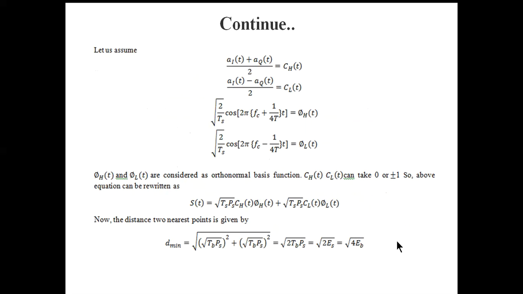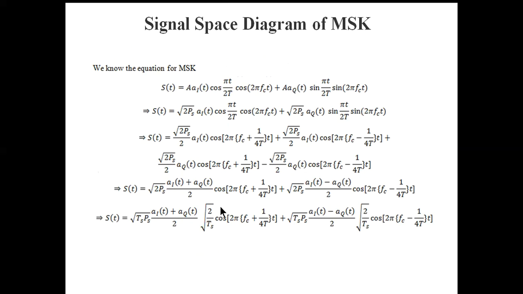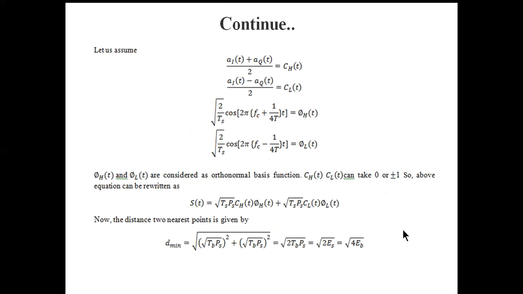Okay, now let us assume like this: (aI(t) plus aQ(t))/2 is cH(t), and (aI(t) minus aQ(t))/2 equals cL(t), and this part is phiH(t) and this part is phiL(t).